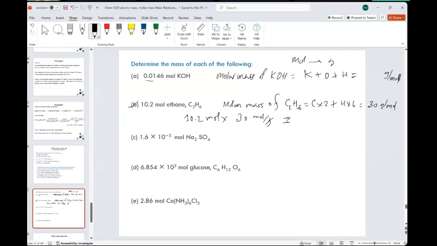See, my unit is wrong. It is gram over mole, not mole over gram. Okay, so mole cancel out, and you got 300.6 gram.